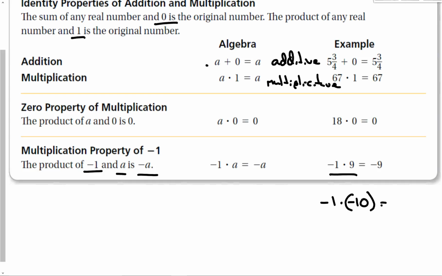Well, when we do this, my answer is always going to be the opposite of the thing that we're multiplying by. So I'm going to get a positive 10, which hopefully you realize that negative times negative is a positive. But it's important to realize that this property is not saying that if you multiply a -1 times something, you're always going to get a negative, right? The negative in the front means the opposite.